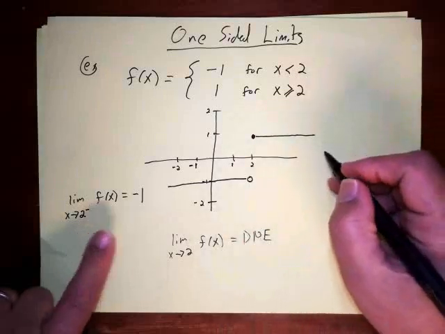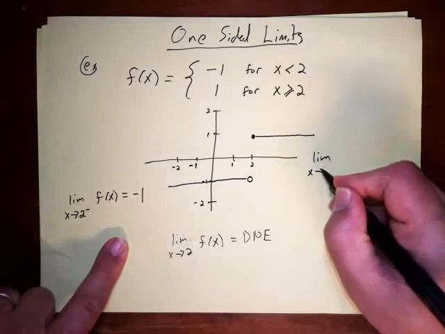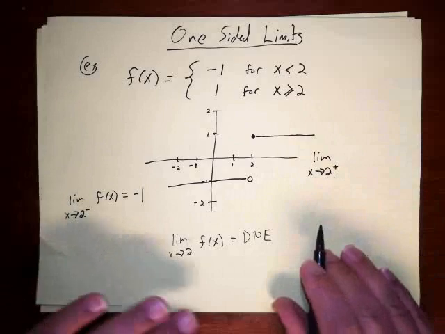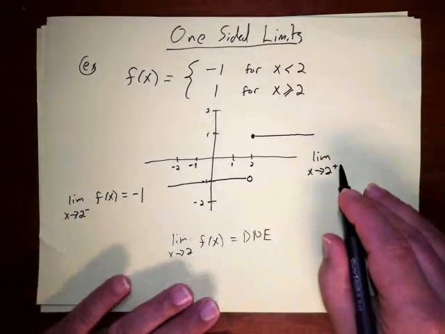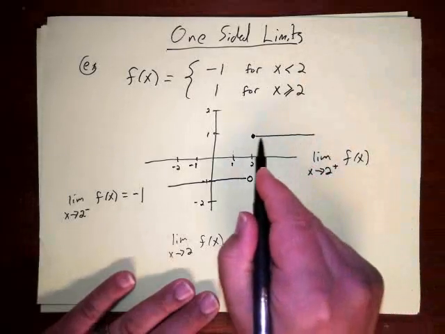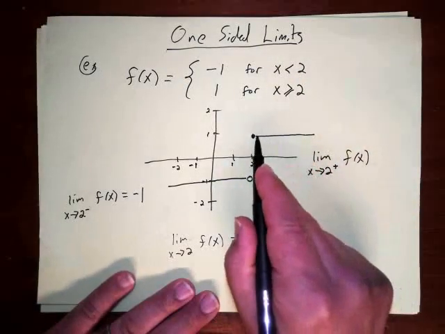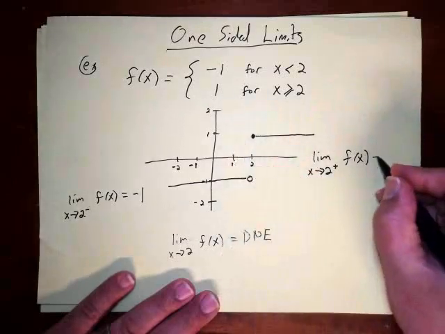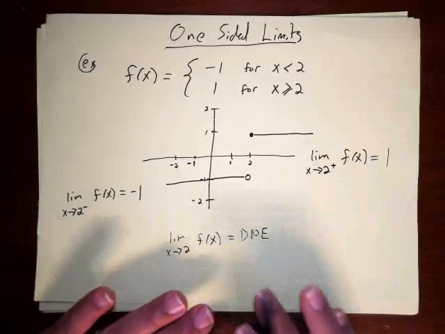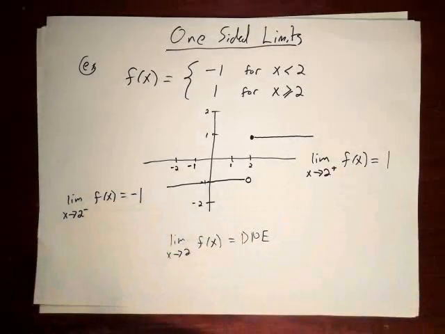Similarly here, if I take the limit as x approaches 2 from the positive side, now I'm putting a plus sign where an exponent would go, then this is taking a one-sided limit from the right, and as you approach from this side, the function approaches +1.